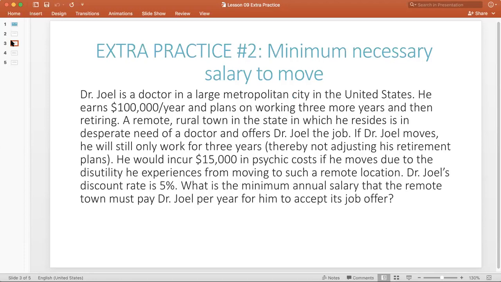If he moves, he will still only work for 3 years, thereby not adjusting his retirement plans. He would incur $15,000 in sidekick costs if he moves due to the disutility he experiences from moving to such a remote location. Dr. Joel's discount rate is 5%. What is the minimum annual salary that the remote town must pay Dr. Joel per year for him to accept its job offer?